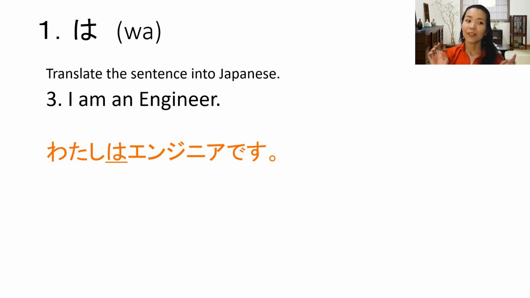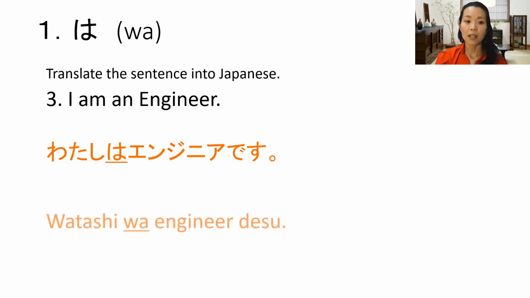So if you can comment on what your occupation is, use that. If you don't know how to say your occupation, you can write it down and maybe I might be able to help. Okay, let's repeat after me.